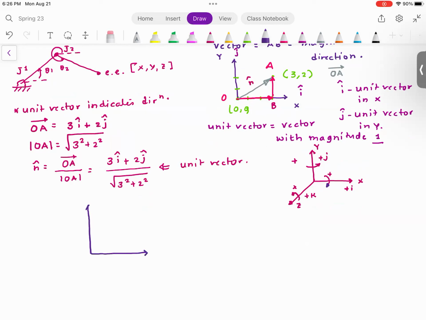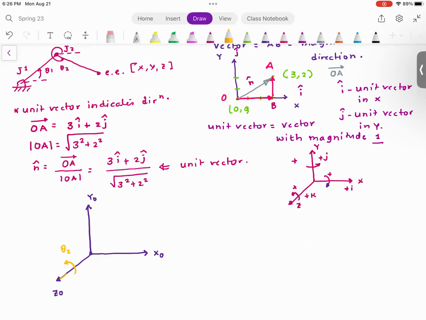You have this coordinate frame. I'm going to call this x naught, this y naught, and this z naught. And then what I'm going to do is rotate this frame about z naught by angle theta z.